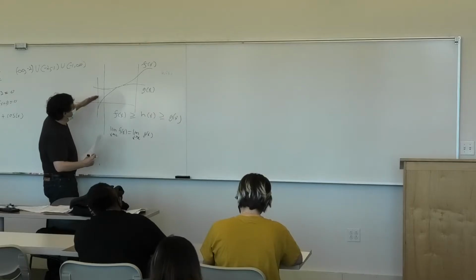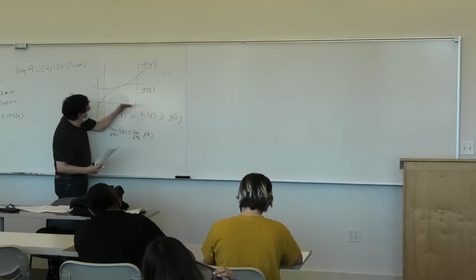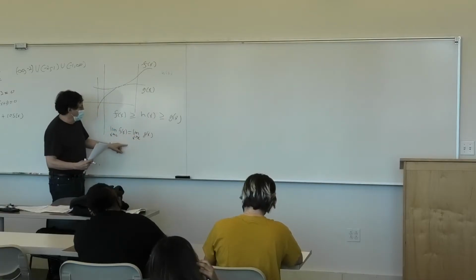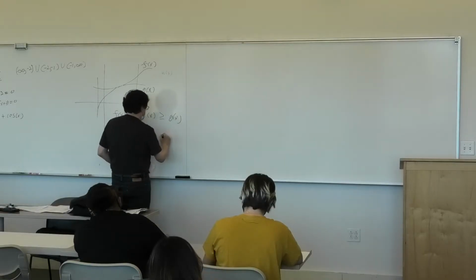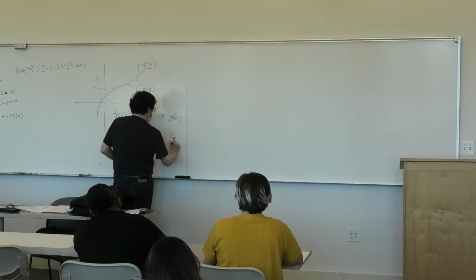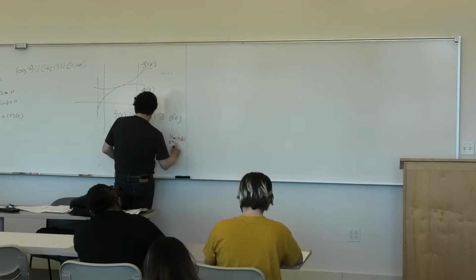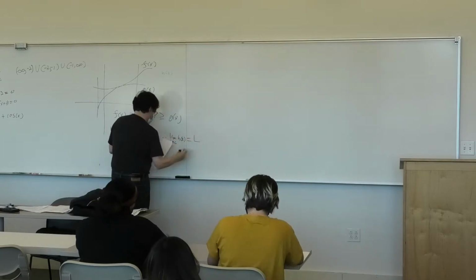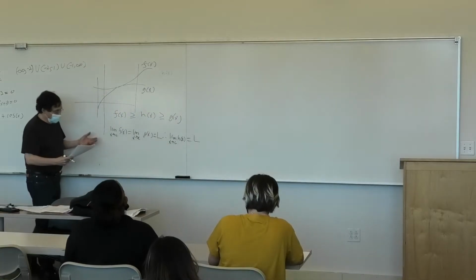In other words, h of x is squeezed between these. If these limits are equal at c, then the limit as x approaches c of h of x, well, it's the same thing. Let's call that L. So that's the concept.